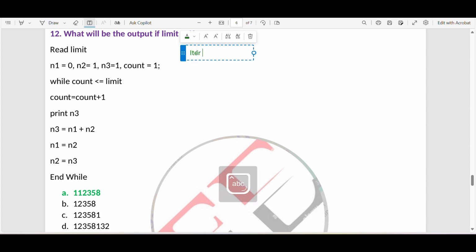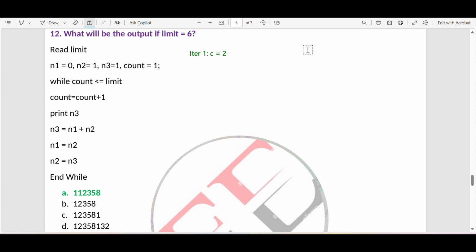So it is iteration 1. In iteration 1, it is less than limit, so we are going inside. Count will become count plus 1, that means 1 will become 2. And next we have print n3.